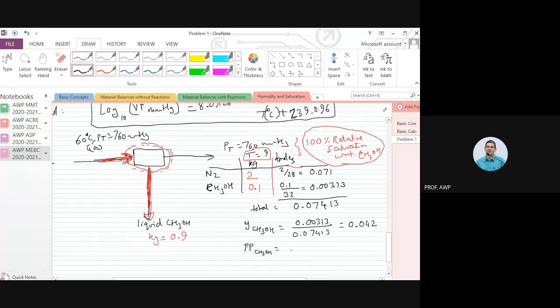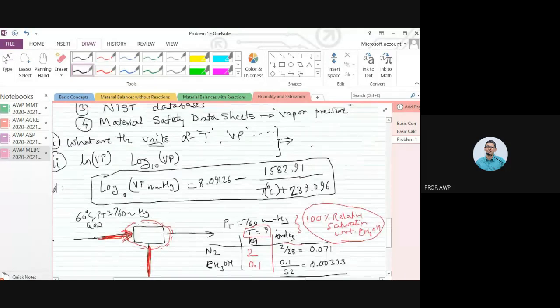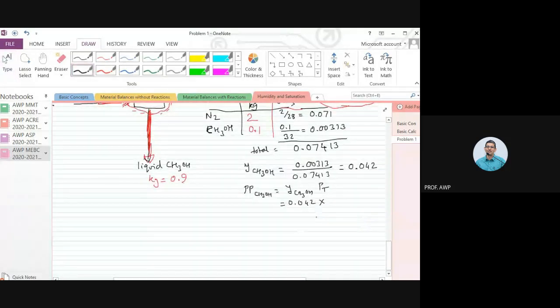It would be the mole fraction of methanol multiplied by total pressure. So that is 0.042 multiplied by the total pressure. What was the total pressure? 760. So that is 31.92 mmHg, millimeters of mercury.